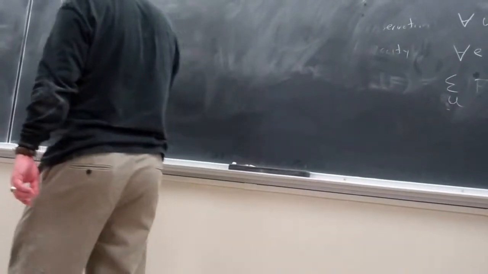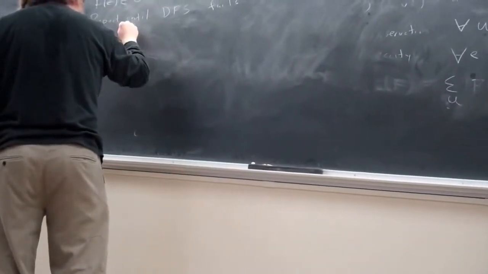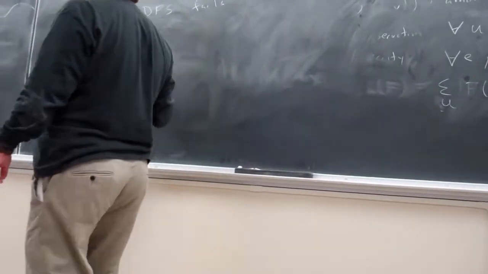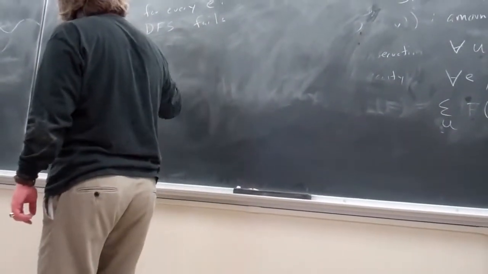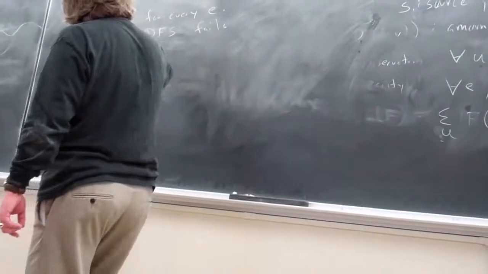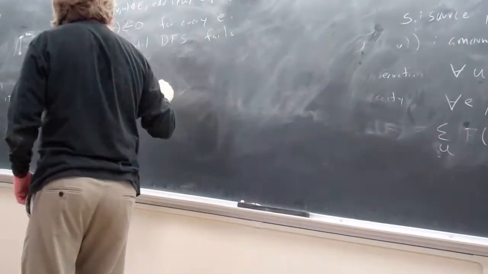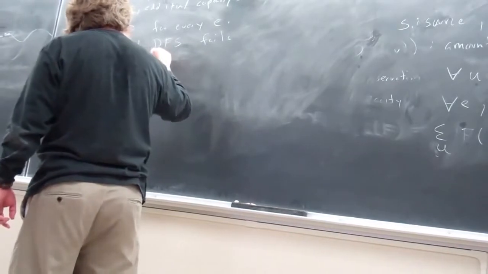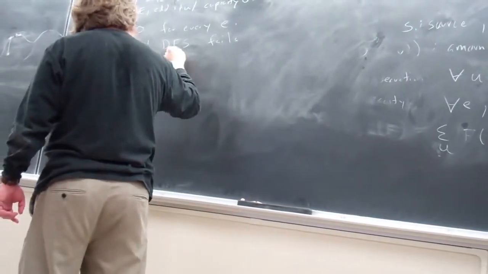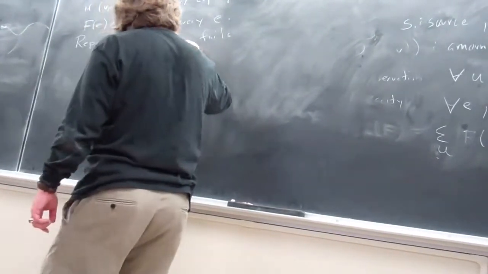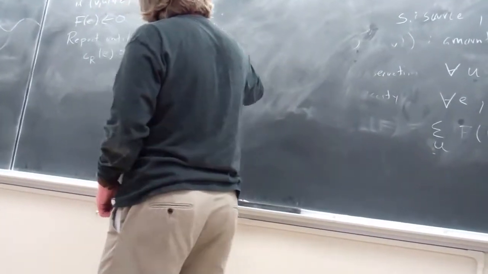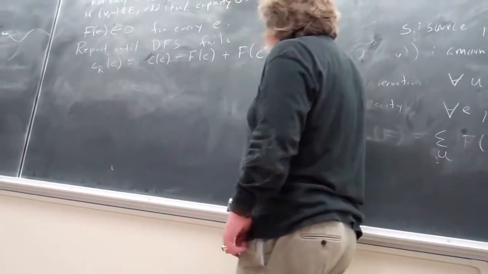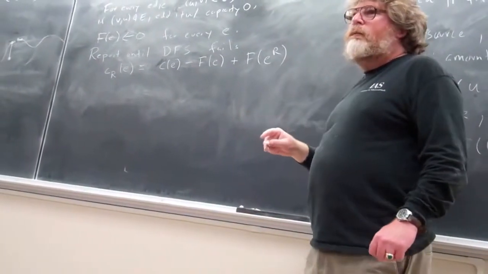We're going to define the residual capacity of an edge to be the capacity of that edge minus the flow along that edge, plus the flow along the reverse edge if it exists.